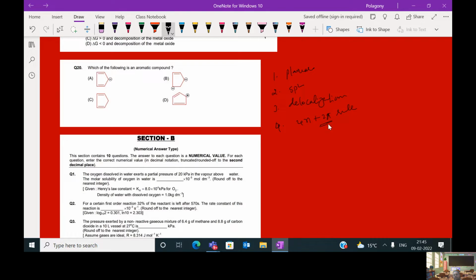It should obey the 4n+2 pi electron system. These are the conditions. Now, the first one obeys 6 pi electrons, and there is complete delocalization.